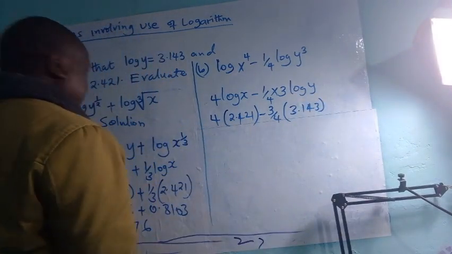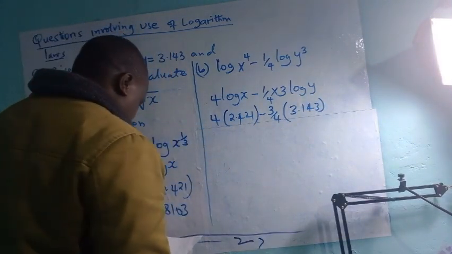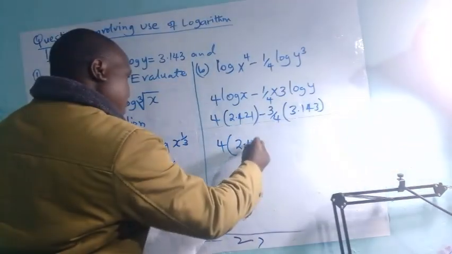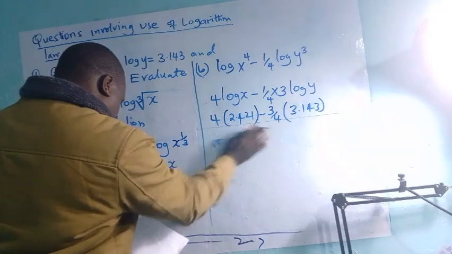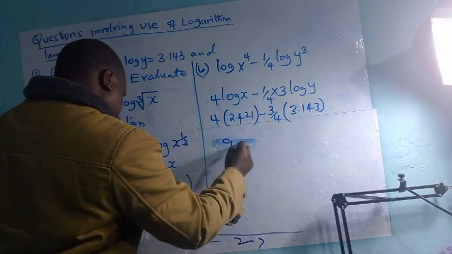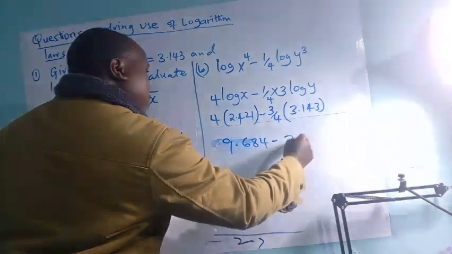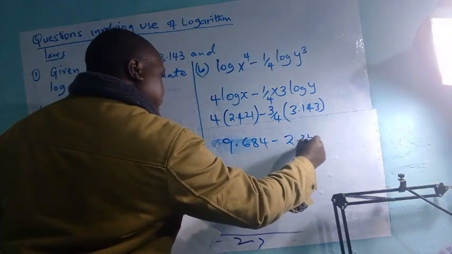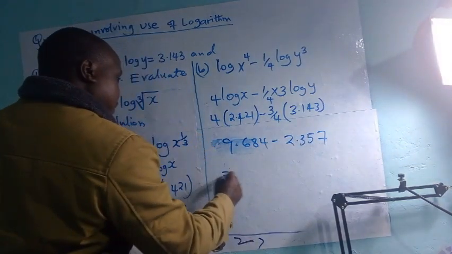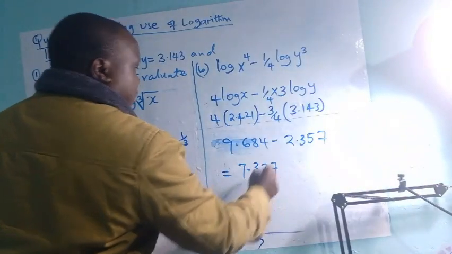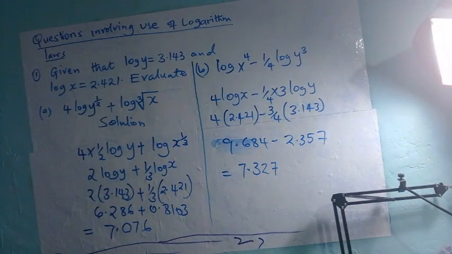Then you multiply 4 into 2.421. This is 9.684 minus 2.357. And that is how.